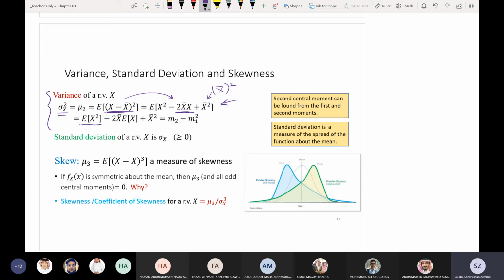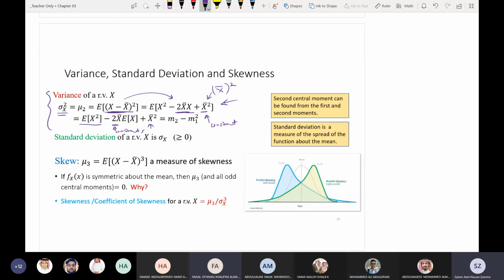So we take whatever constant outside; 2 x bar is a constant, times the expected value of x, plus the last part, which is the expected value of x bar squared. What is x bar squared? It is a constant also, right? And hence its expected value is equal to itself. Is that clear, guys?